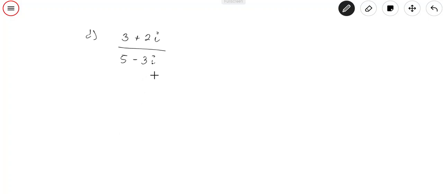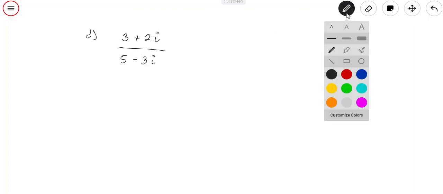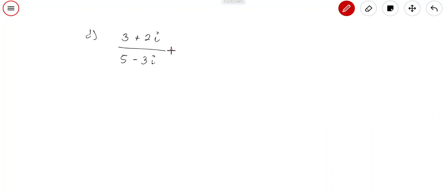To rationalize this, of course, I must multiply by the complex conjugate of the denominator. So I will multiply numerator and denominator by 5 plus 3i.